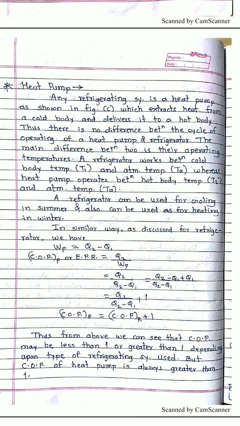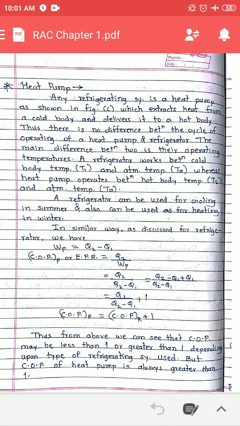So the COP of a heat pump is always greater than 1, depending upon the refrigerating system used. Suppose the COP of a refrigerating system is 1, at that time the COP of the heat pump is 1 plus 1, which is 2. If the COP of the refrigerator is 1.5, the COP of the heat pump will be 2.5. So similarly the refrigerator and heat pump can be considered.